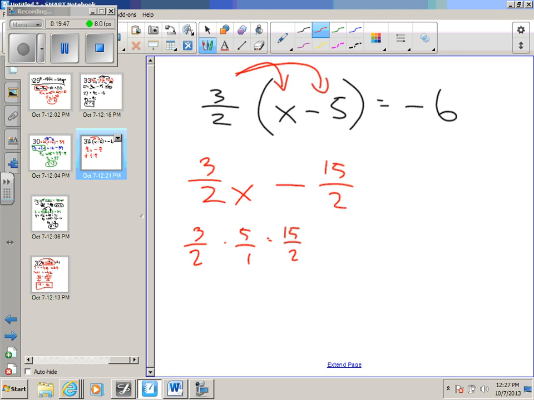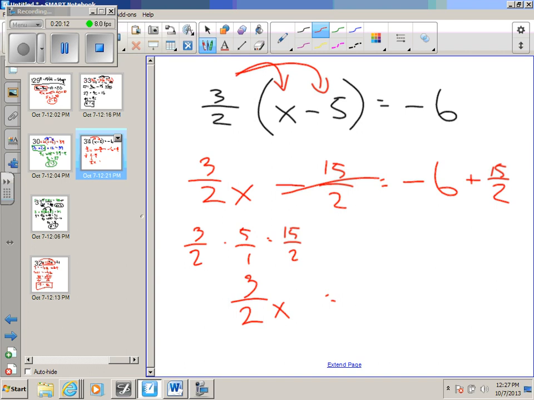Okay. Equals a negative 6. The opposite, then, of subtracting 15/2 is to what? Add 15/2. And that gets rid of it. Now, you may want to mess with this a little bit. 15 over 2 may not have much meaning to you as it stands right now.